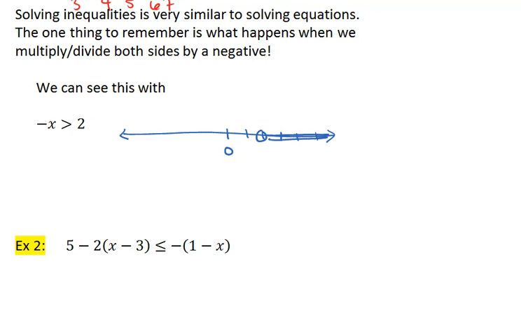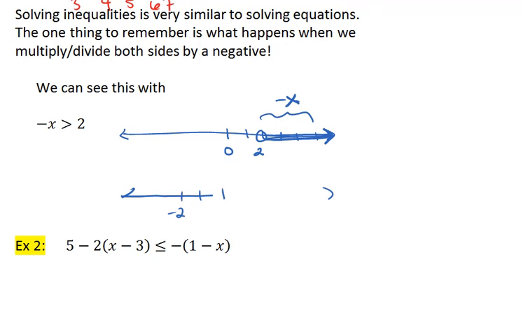So this is what we want to have happen. But we want these to be the values of negative x, meaning the values of x that will result in this are everything less than negative 2.